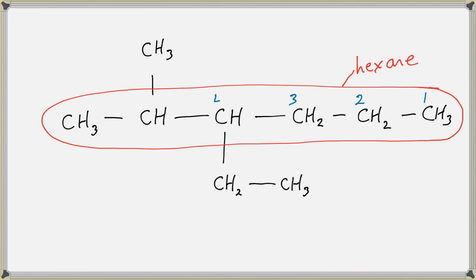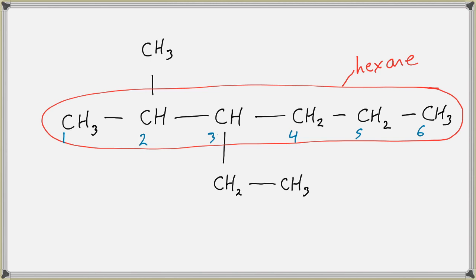I'm numbering the carbons. 4, 5, and 6. That means my branches would be on carbon 4 and carbon 5. Okay? If I go the other way, my carbons are 1, 2, 3, 4, 5, 6. And now my branches are on carbon 2 and 3. So since that's the lowest number, that's how I want to number it. My branches will look like this.